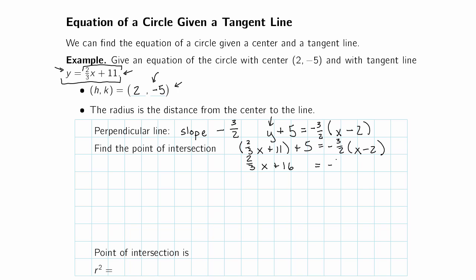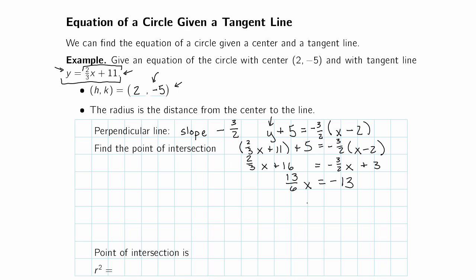On the right, we have -3/2 x distributing, plus 3, since -3/2 times -2 gives us +3. Now we want to collect all the variable terms on the left. Adding 3/2 x to both sides, I'm going to have the calculator do the heavy lifting for me here. I get 13/6 x. On the right, subtracting 16 from both sides, I get -13.